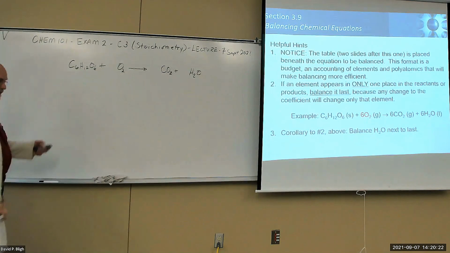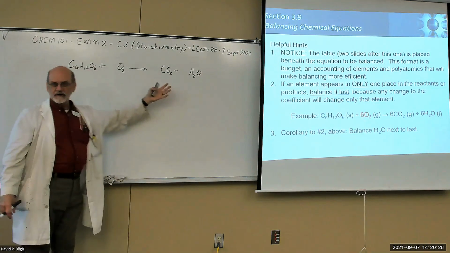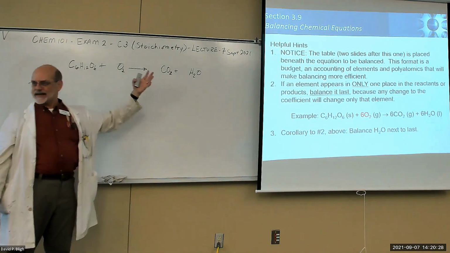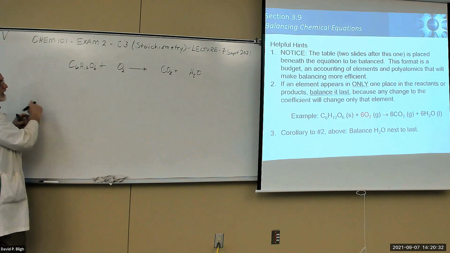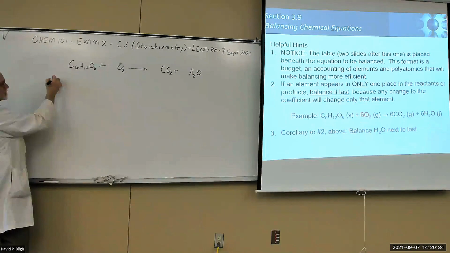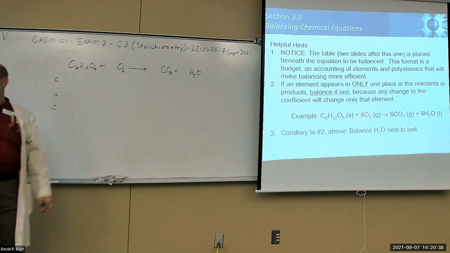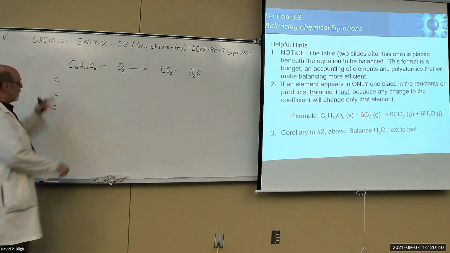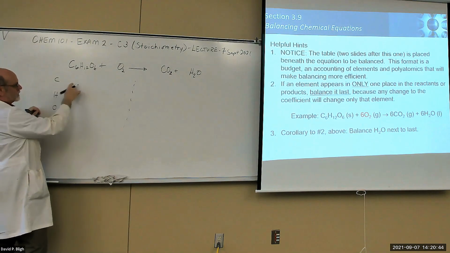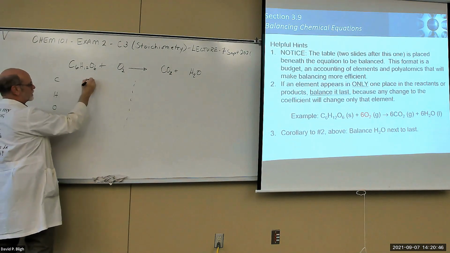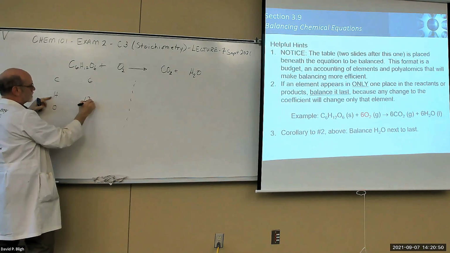All right, first thing I do, and I use the equation written like this as sort of a header of my table. Down this side, I write the elements: carbon, hydrogen, oxygen. Is that all of them? Yep, that's everybody accounted for. Now, on this side, what are we starting with? 6 carbons. Hydrogens, 12 hydrogens.